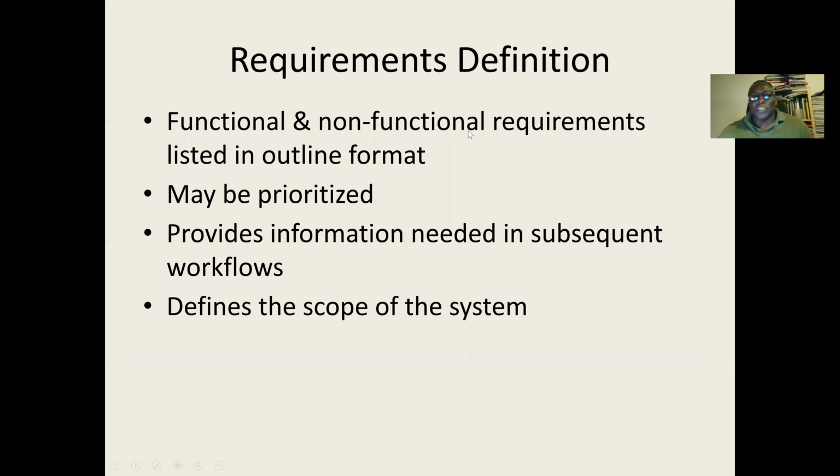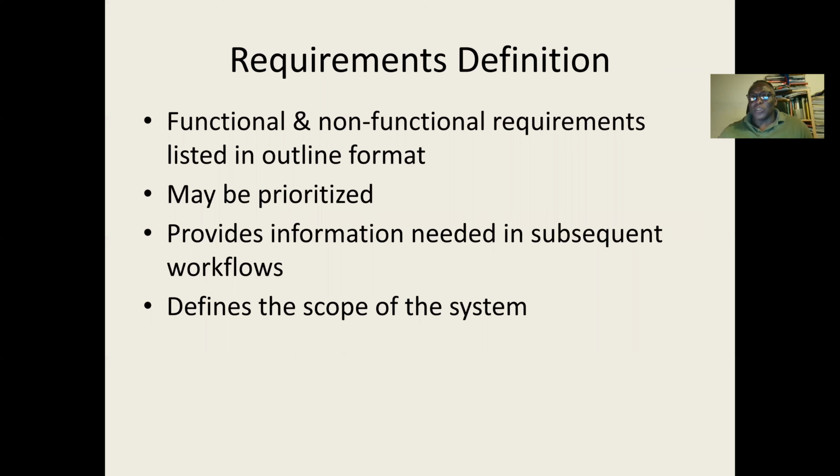So for the requirement definition, we say there are two kinds of requirements, functional and non-functional, which must be listed in outline format. We also have to prioritize them. So the tasks that are more important will come first in terms of functional requirements, and also provide information needed in a subsequent workflow. This will also help us to define the scope of the system so that we avoid scope creep.